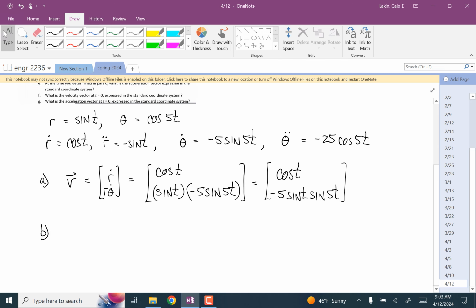The acceleration as a function of time. So the acceleration is r double dot minus r theta dot squared. And then for the second component, r theta double dot plus 2 r dot theta dot.